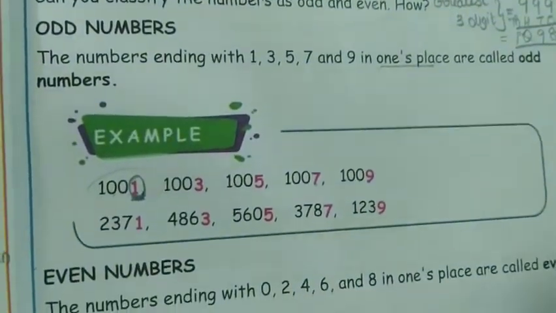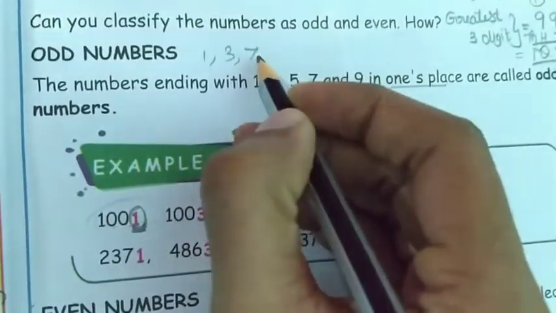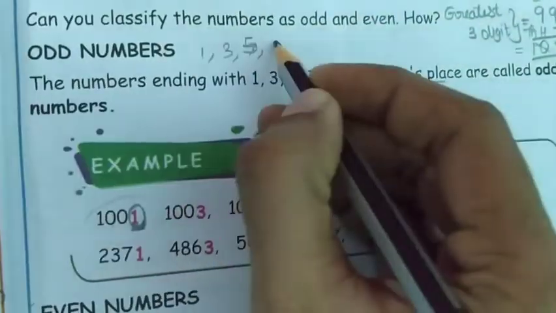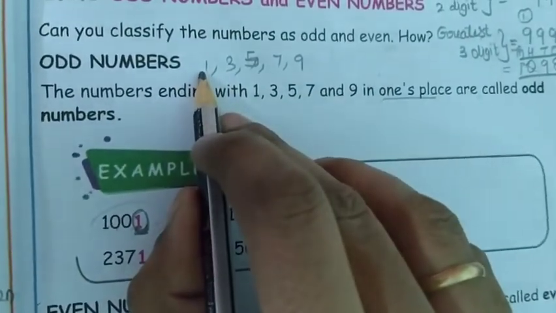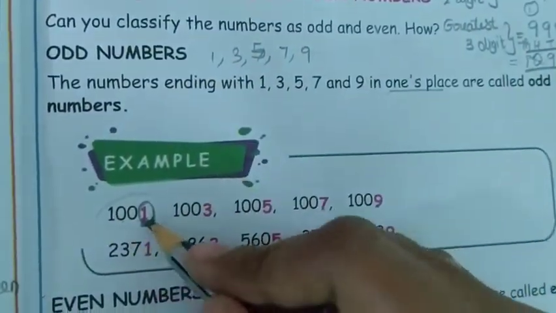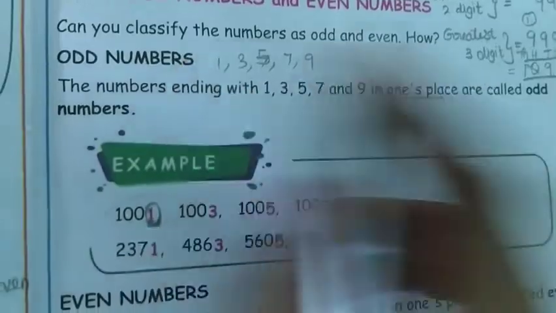So what are the odd numbers? 1, 3, 5, 7, 9. If these numbers are in the ones place, that number is considered an odd number.